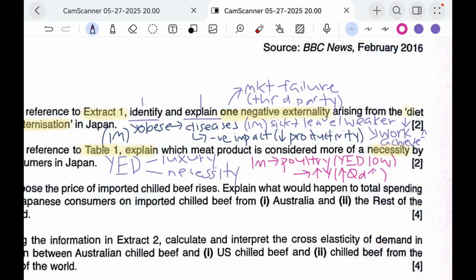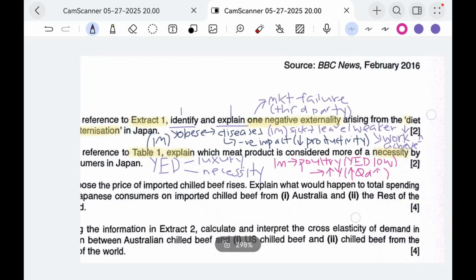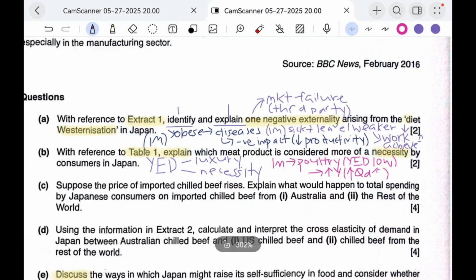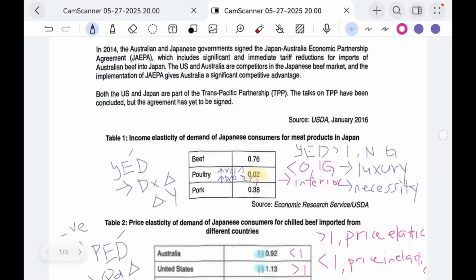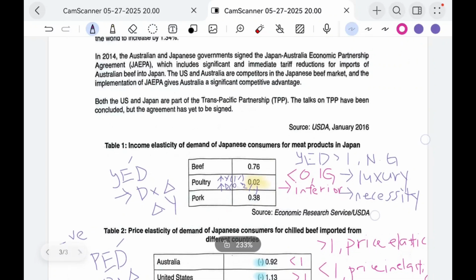Then this is enough. Because you see the question, although it is nice to tell you table 1, it didn't say use YED to explain. So you see this depends on your content. If you are very reliant on the case to look at the answer, actually the answer is not there. You have to infer.